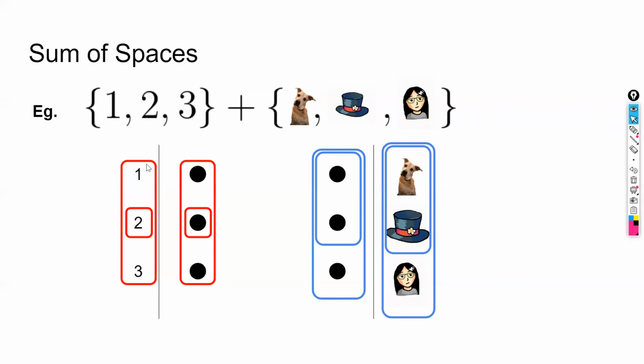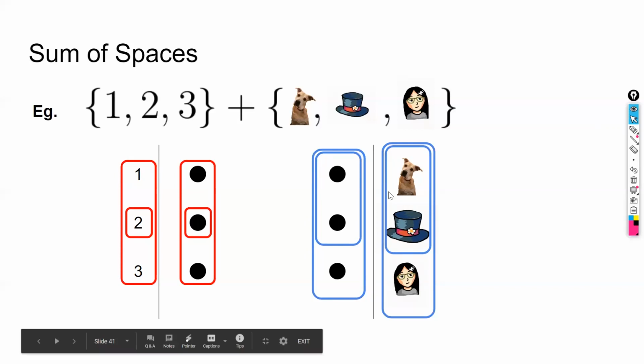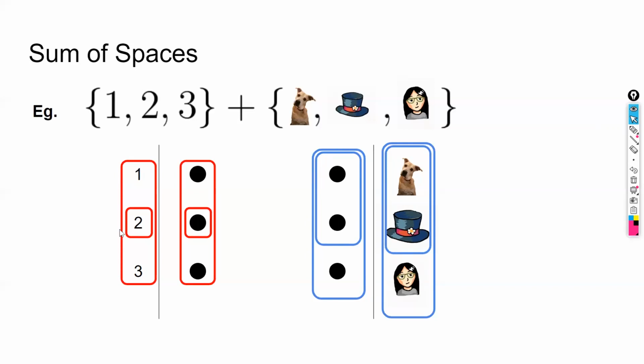So here I've got the same topologies that we were thinking about back when we were thinking about products instead. On the left, I've got the open set containing all 3 of the numbers, and then the open set containing 2, and that's exactly this one right here, except I've got points in here instead of the numbers. Now, in order to get open sets in the disjoint union, or the sum of the two topologies, I basically just need to start taking unions of these two.